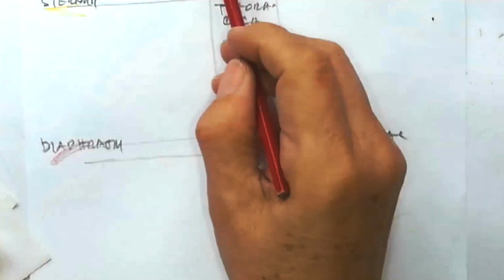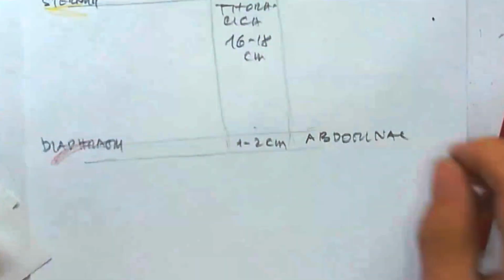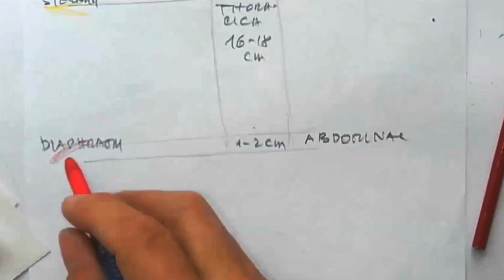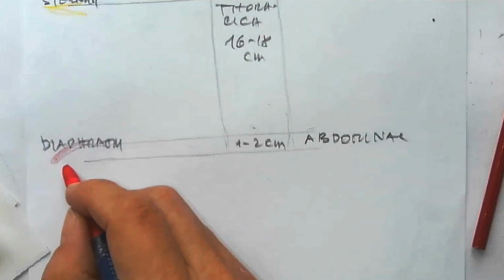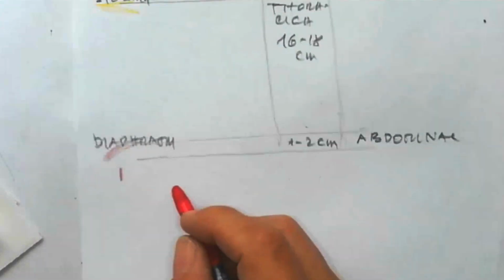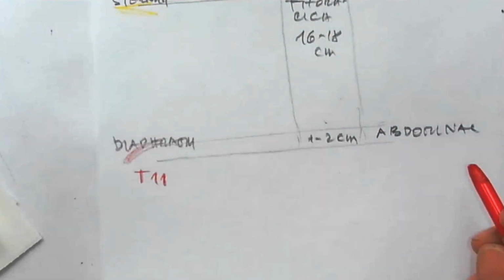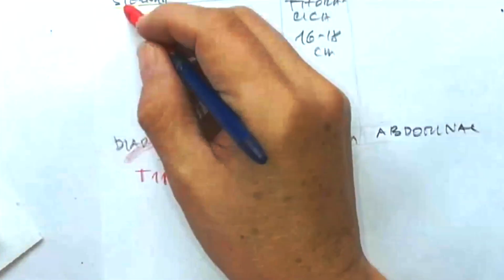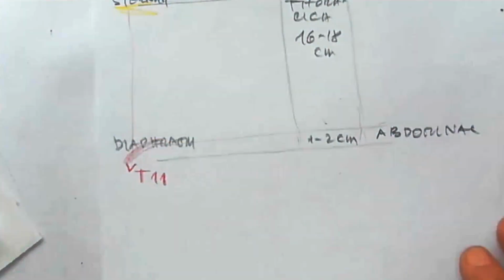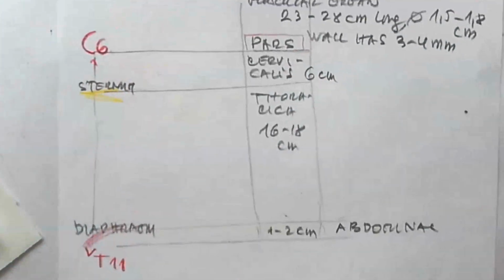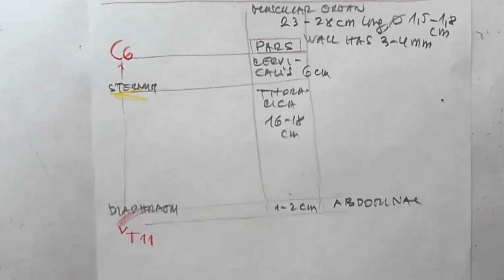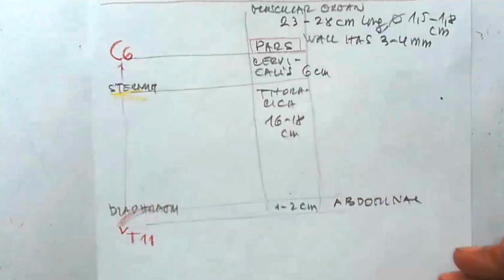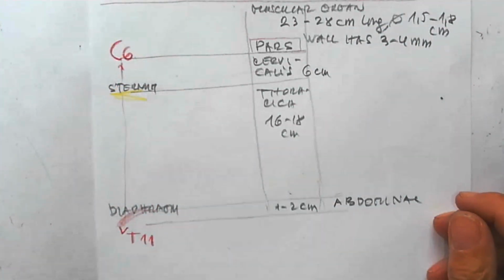So we have 3 parts, 3 portions, descending from C6, and the end is usually at T11. So from C6 to T11 is the course of the esophagus.